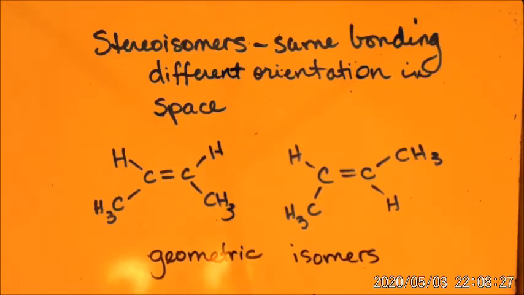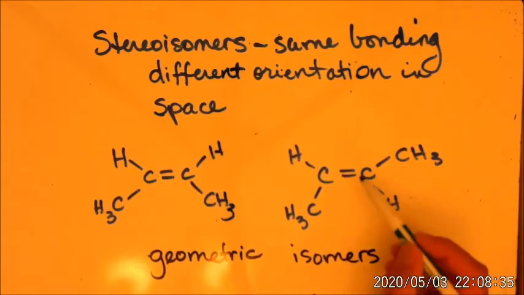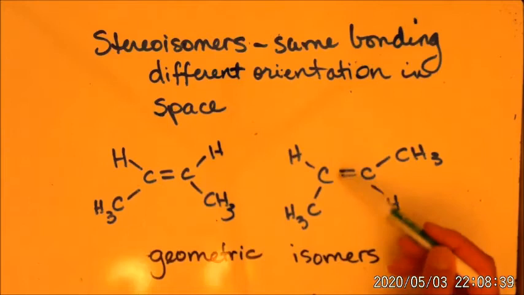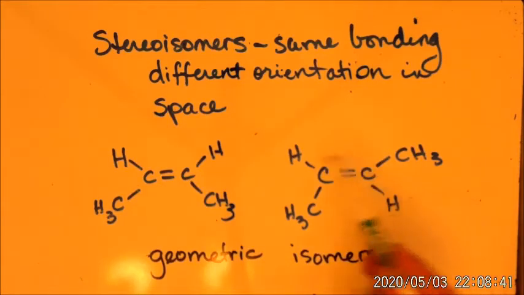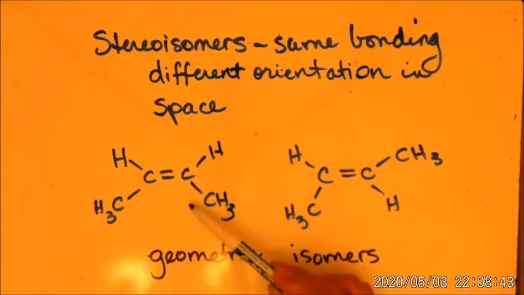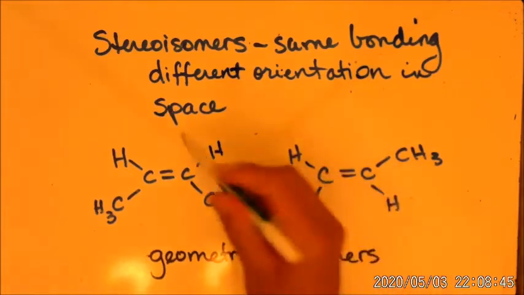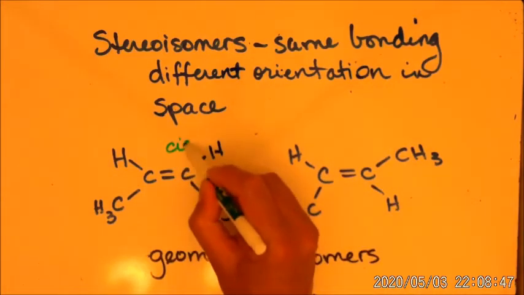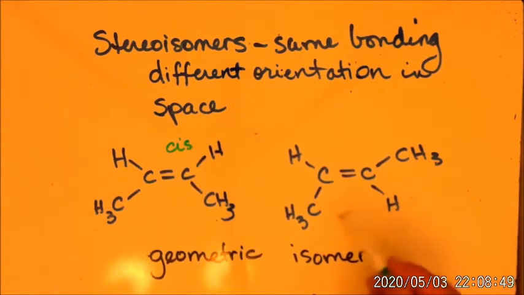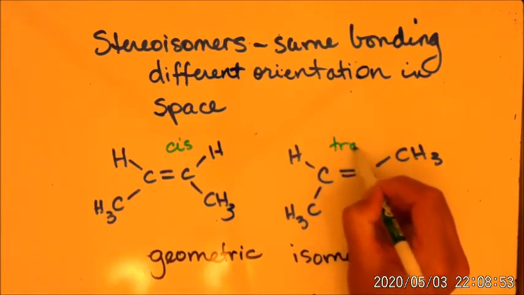Why is that? Because we already talked about hybridization, sigma bonds, and pi bonds. And we were talking about how with pi bonds, you can't just freely rotate around it. And so the orientation in space here, when my two groups are on the same side, this is a cis isomer. But when they're on opposite sides, this is a trans isomer.